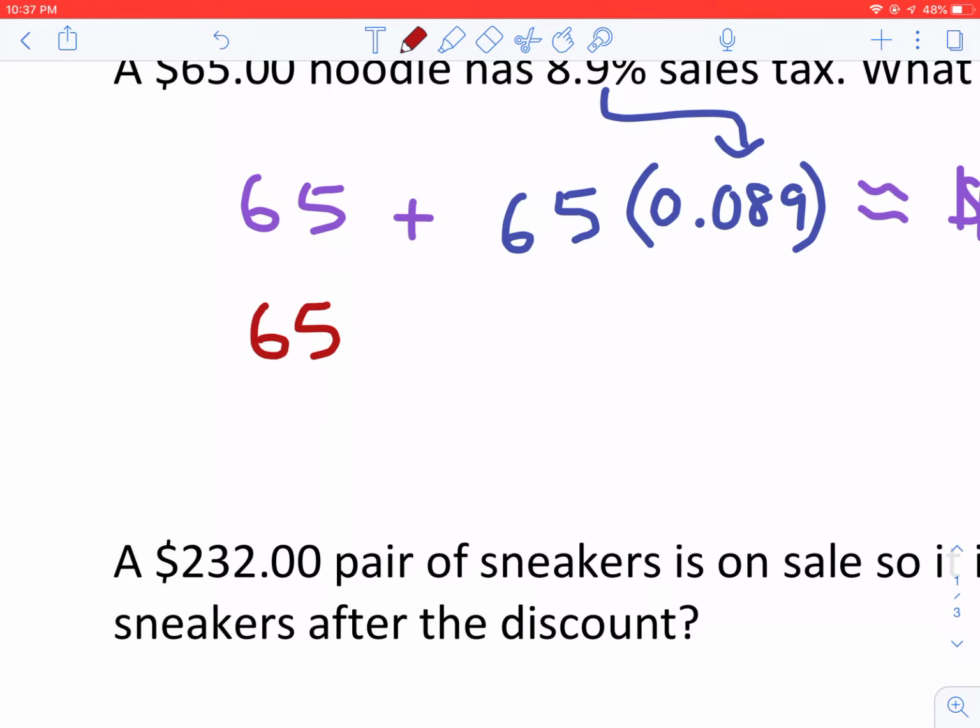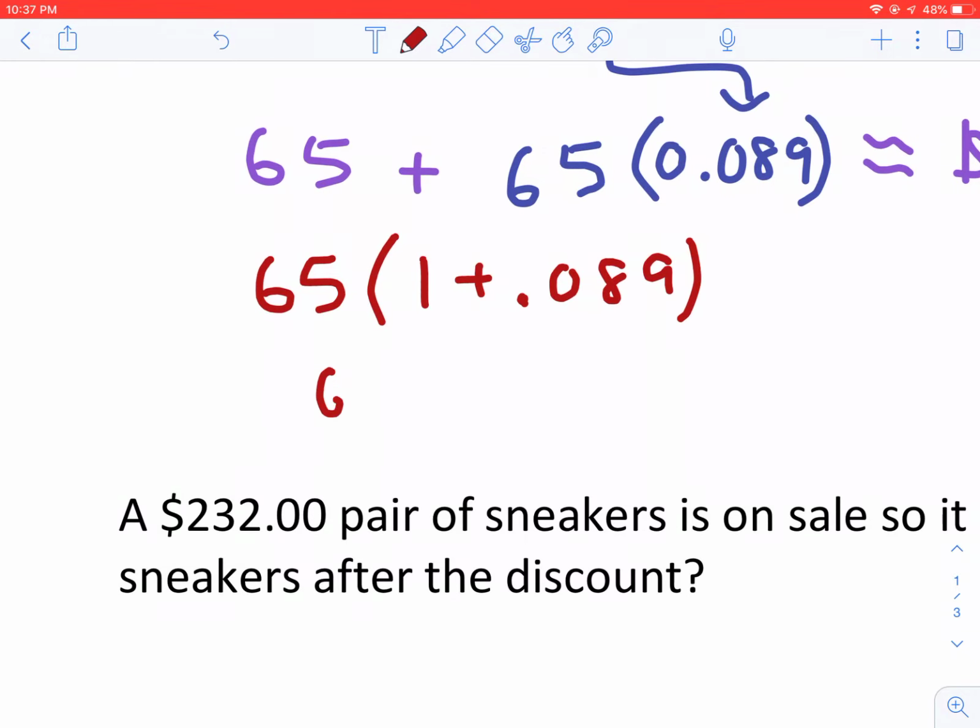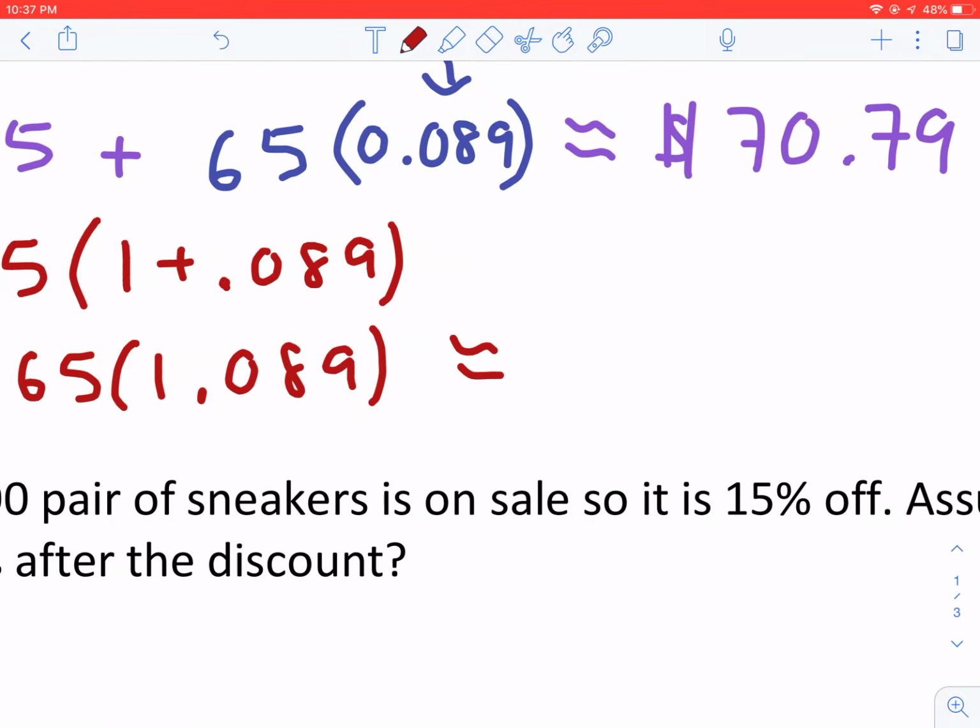So let's factor out that 65. We can also write this as 65 times 1 plus 0.089, which is, of course, 65 times 1.089. And that's also going to be $70.79.